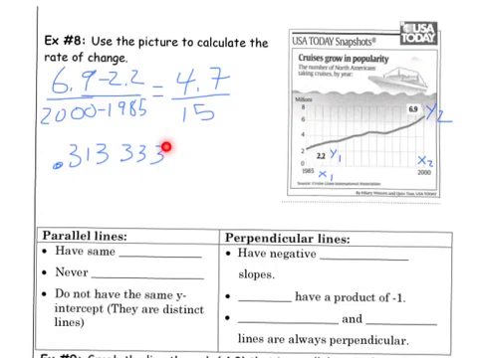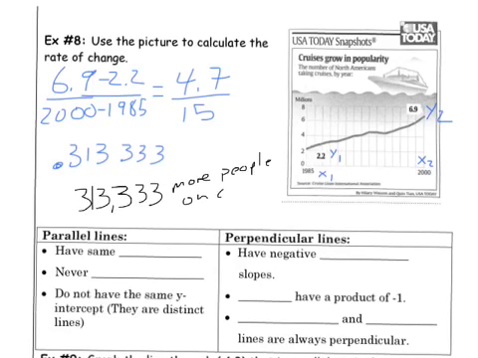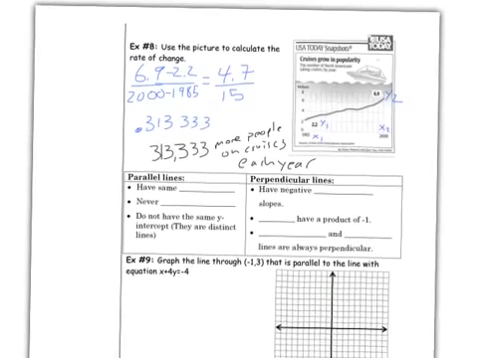So if I take this 0.3 of a million, the actual answer would be 313,333 more people on cruises each year, or per year. And that's how you can do that one.